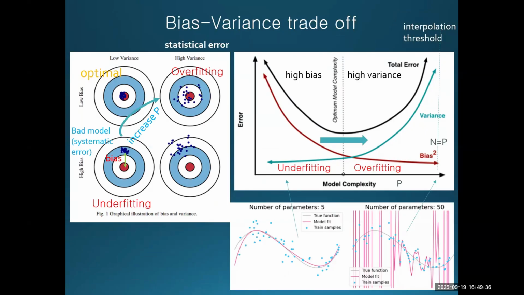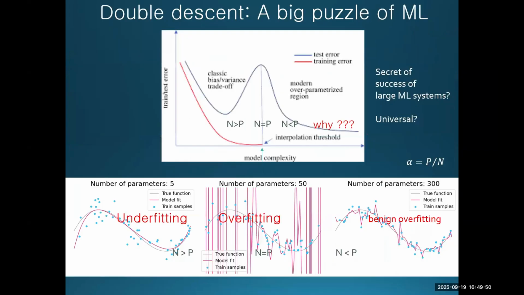You can fix P and change N. The important thing is the ratio P over N. So when P is equal to N, error diverges due to diverging variance. Bias is small. So this is the interpolation threshold. And over this point, error decreases again. But we don't know the reason so far.